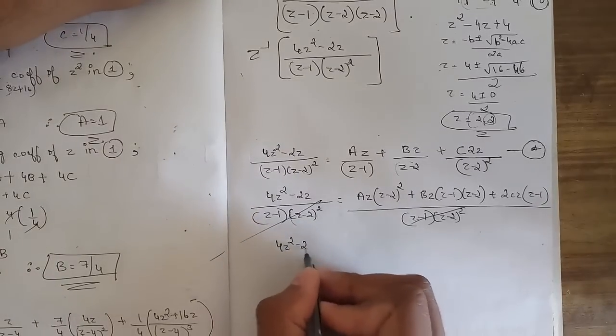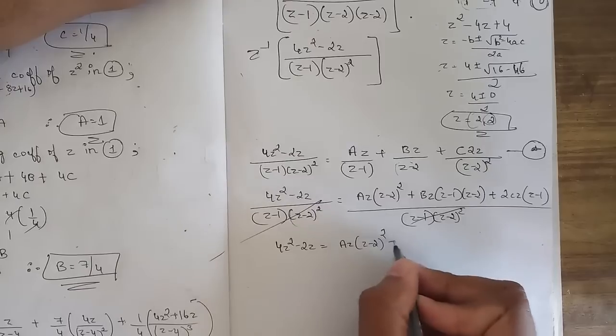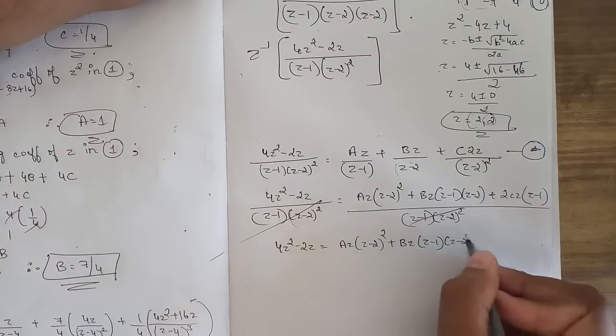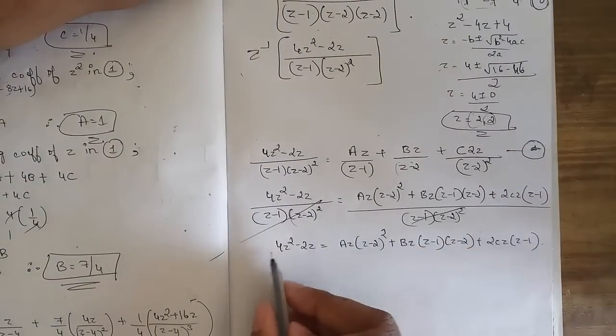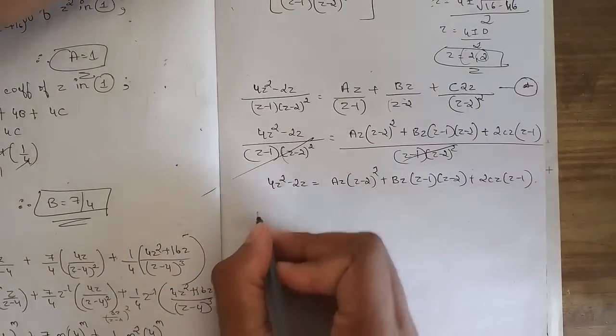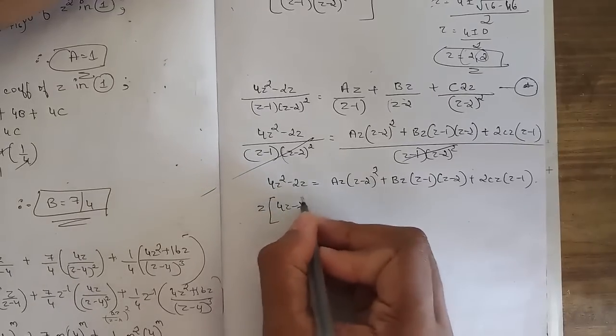4z square minus 2z is equal to Az into z minus 2 whole square plus Bz into z minus 1 into z minus 2 plus 2Cz into z minus 1. Here again take z common in both left hand side and right hand side. So take z common here, so the remaining term is 4z minus 2.